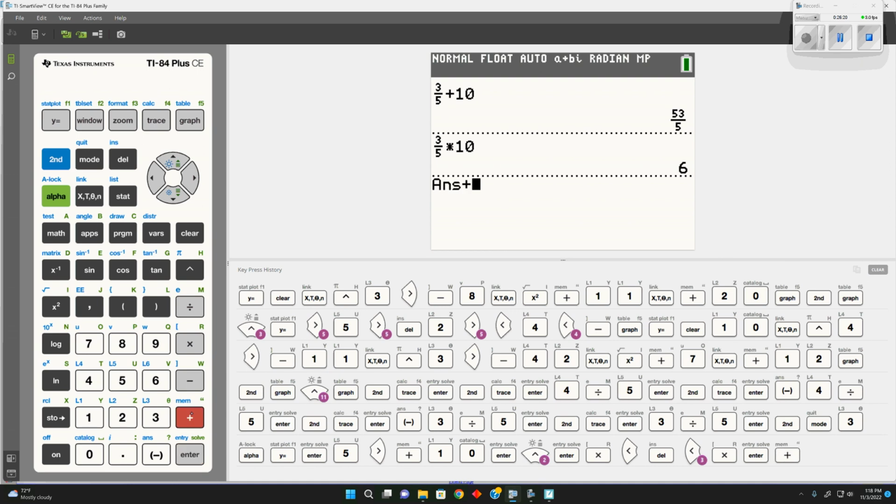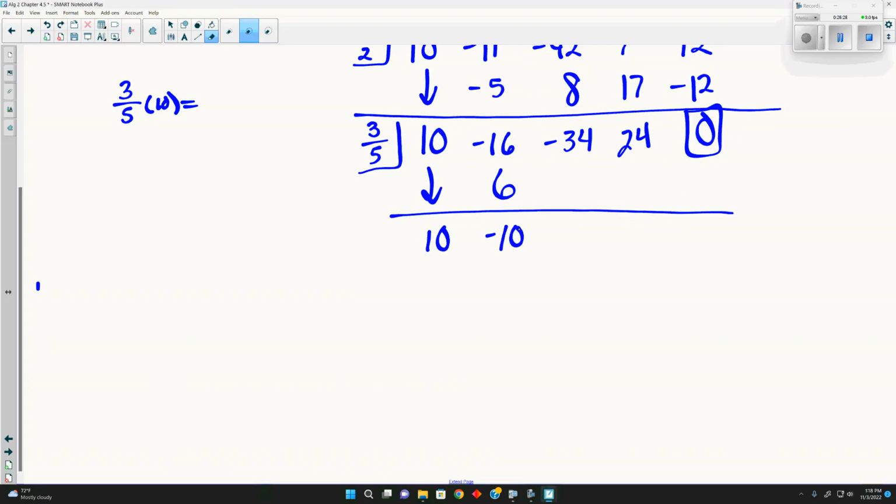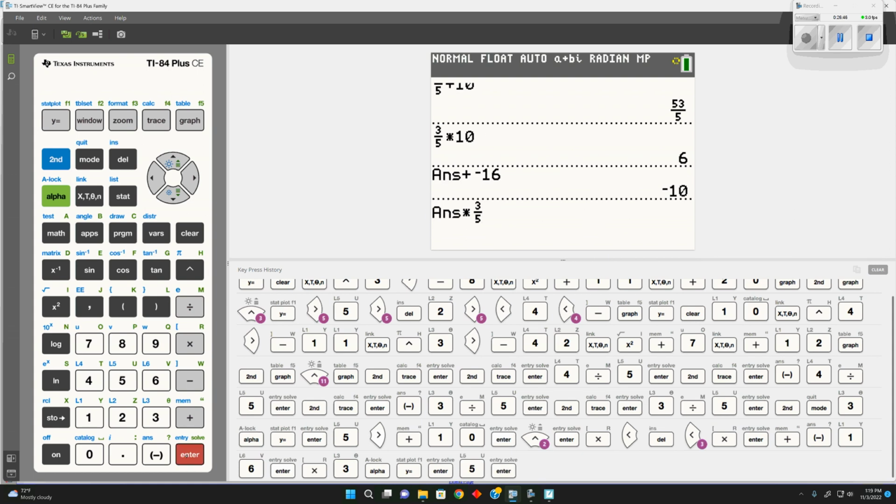Then we have plus negative 16, and then we're going to do 3/5 times negative 10. Well, it's going to be negative 6. And we could repeat that process because we could do times 3/5.